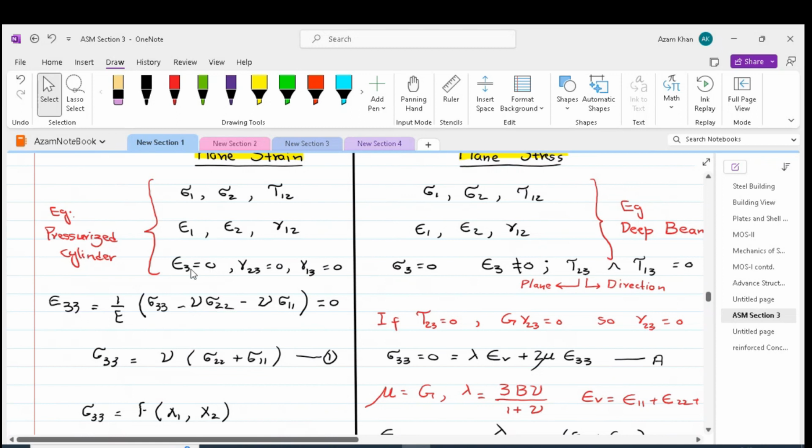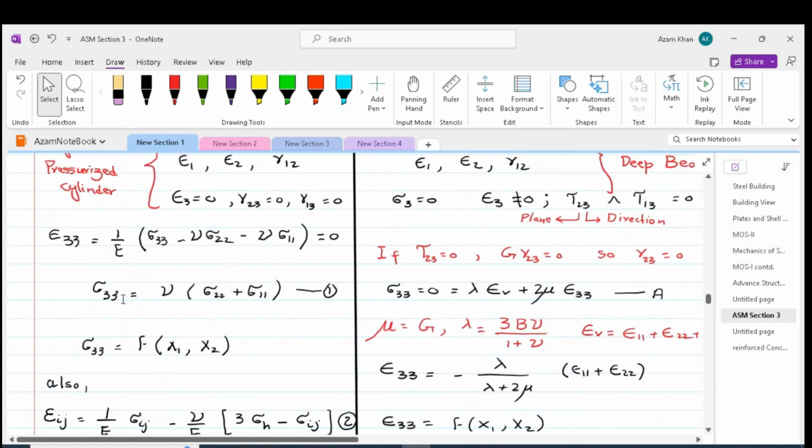Sigma 33, according to our assumption of plane strain, is equal to 0. So sigma 33 will come out to be nu times, in small bracket, sigma 22 plus sigma 11. Sigma 33 is a function of x1 and x2.